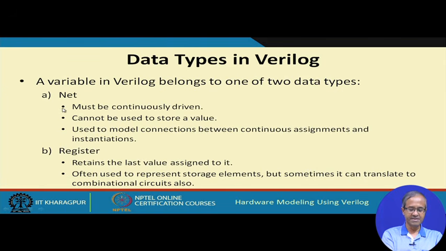Net, just in the example that we took earlier, is continuously driven. Typically it is the output of a gate or the output of a functional block that is connected to a net type variable. So, whenever the output of that block changes, the variable that is connected to it changes in a continuous way. That is why we call it continuous assignment.